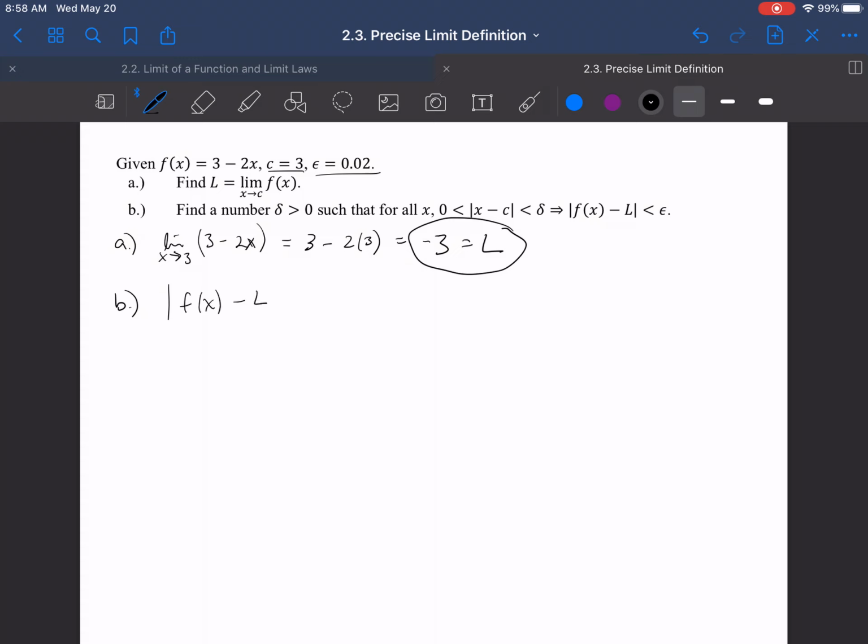The absolute value of f of x minus L has to be less than epsilon, okay? And so remember, that's us saying, hey, we have some function, here's L, and we can go down an epsilon amount, so this is L minus epsilon, and we can go up to L plus epsilon. So we have to stay somewhere in there.